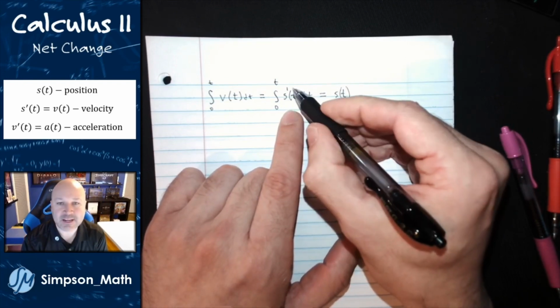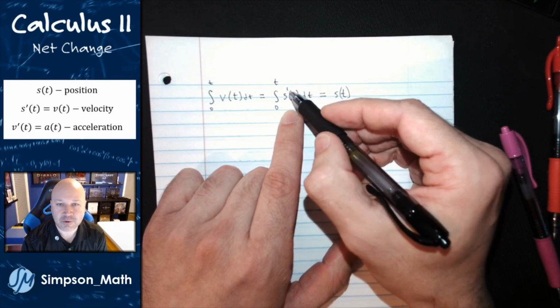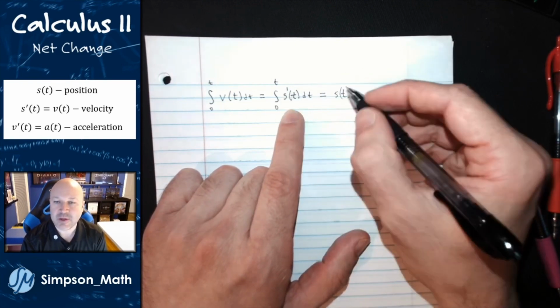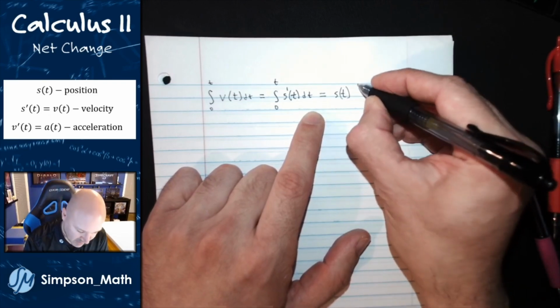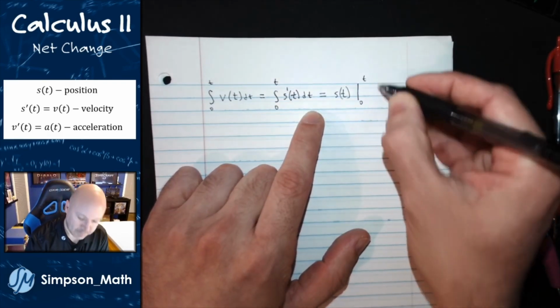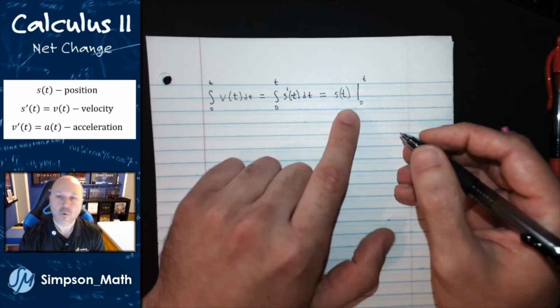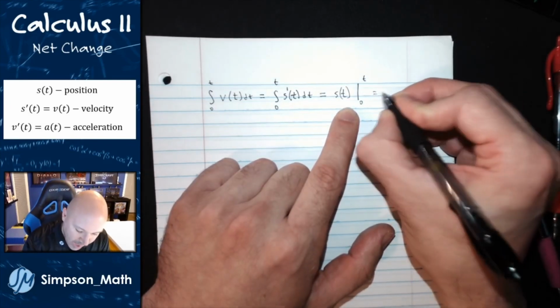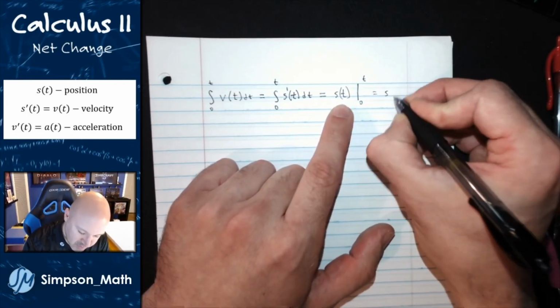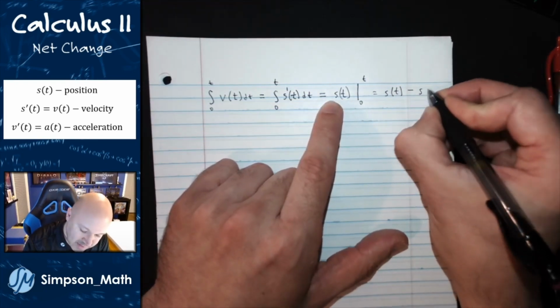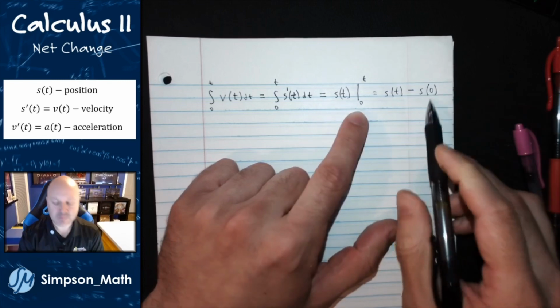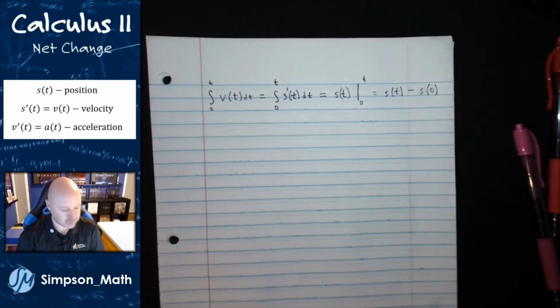The integral and the anti-integral cancel each other out, leaving me with the position function that I'm supposed to evaluate from 0 to t. Okay, so I'm going to the position function, plugging in t, and subtracting the bottom, or that initial position.